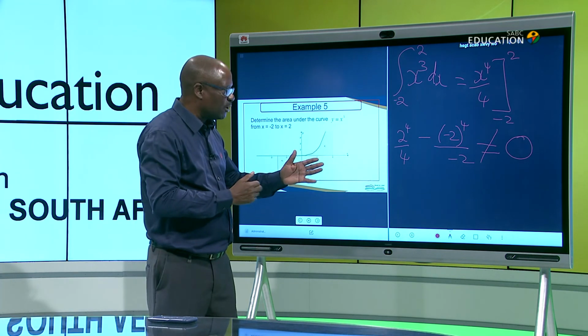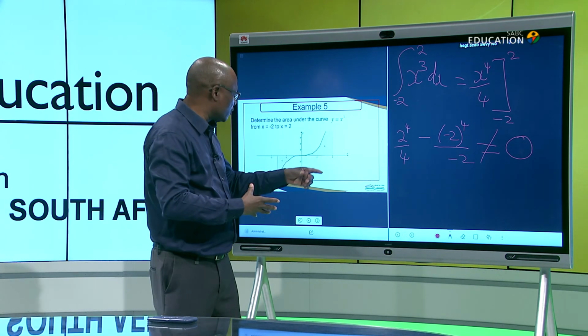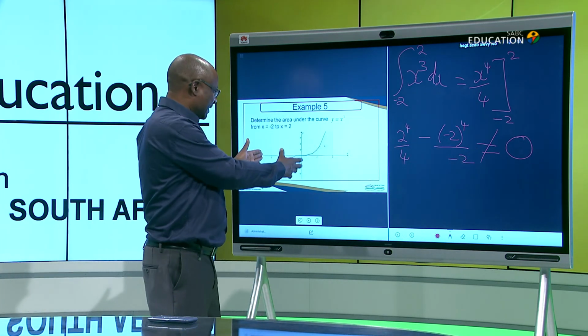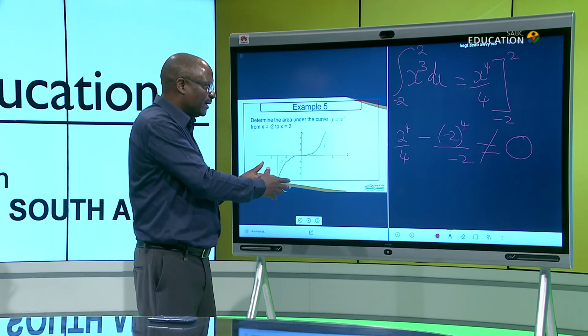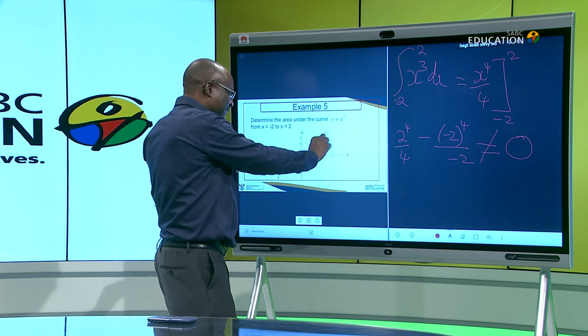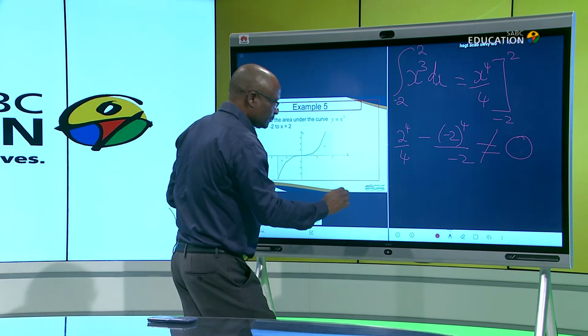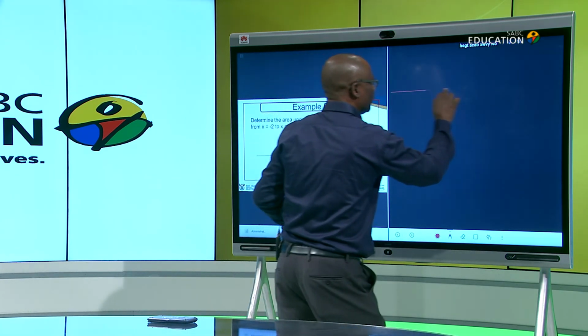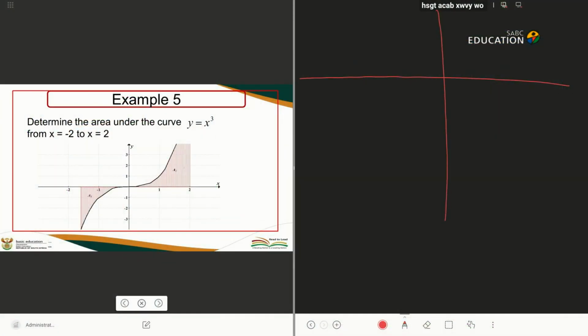If it is not accepted, what should we do to reconcile these wrong calculations with the reality of what you see here? In that case, we must split this function into 2. If I redraw this, at this point it's negative 2, this is 0, and this is 2.